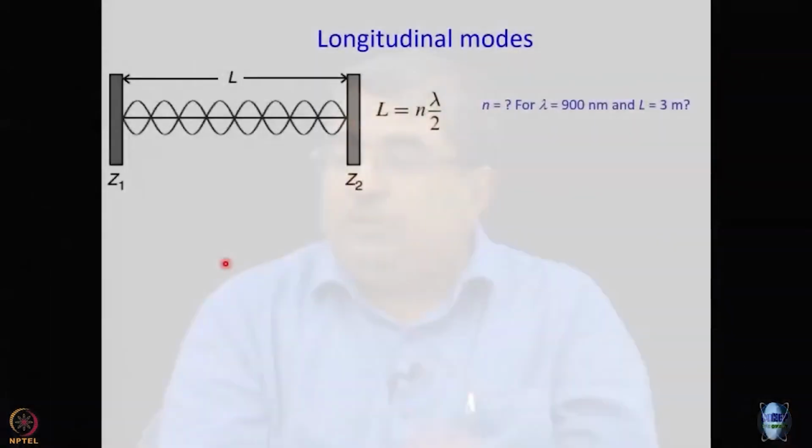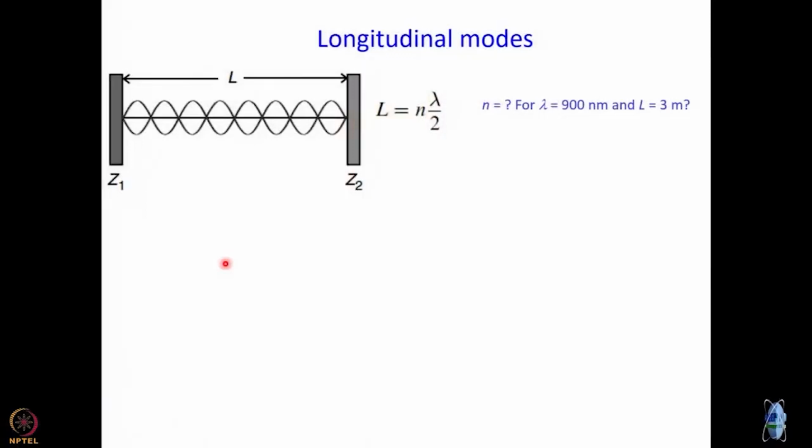Okay. So, now it is important to understand that for a given cavity, not all wavelengths are going to be sustained, because in order to get a beam where light is going back and forth, you must have constructive interference, right.